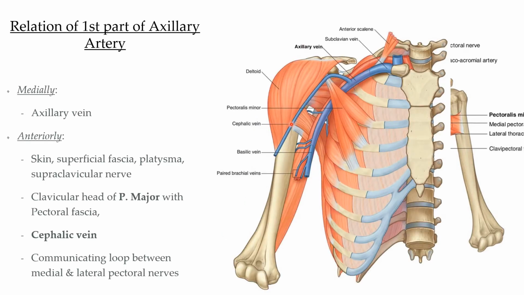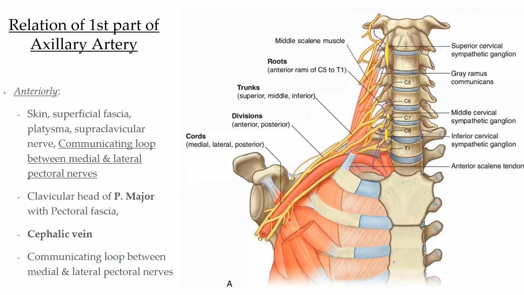In this illustration, you can see this is the cephalic vein. The cephalic vein also comes in anterior relation to the first part of the axillary artery. This illustration is to show you that this communicating loop, which is the loop between the medial pectoral nerve and lateral pectoral nerve, comes in anterior relation to the first part of the axillary artery.